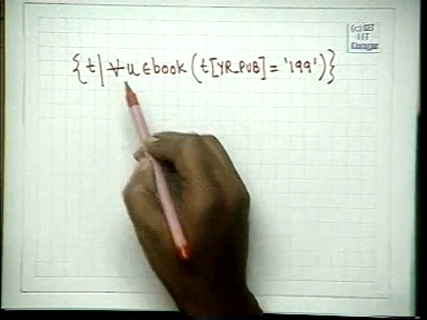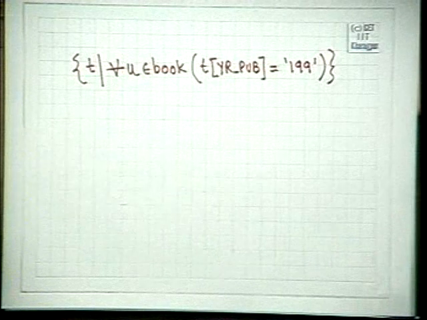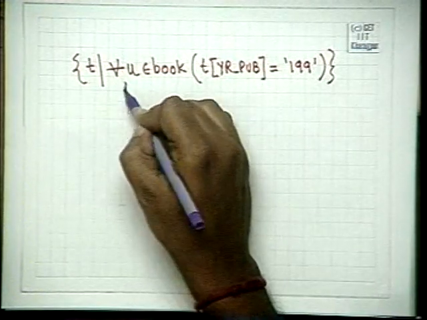We had previously the there exists quantifier. Now we will have a for all quantifier. This is called for all.